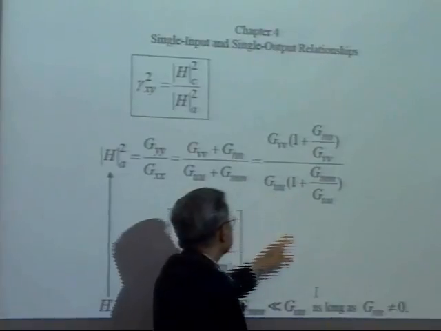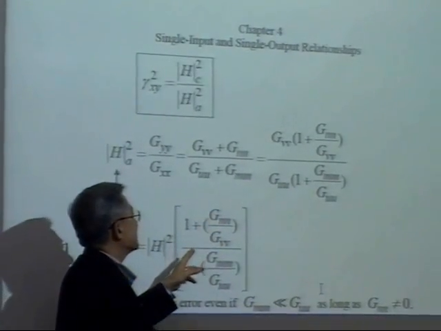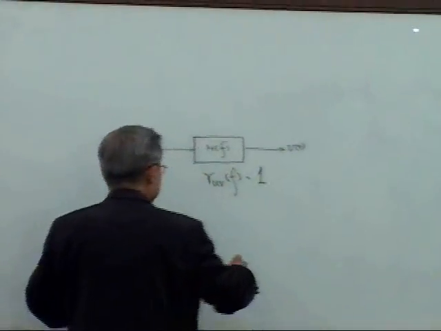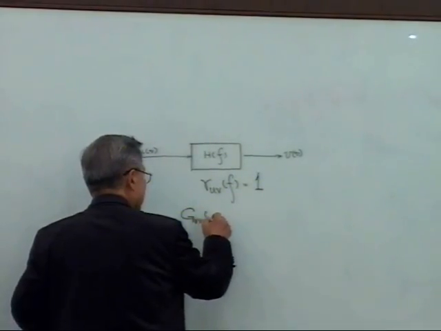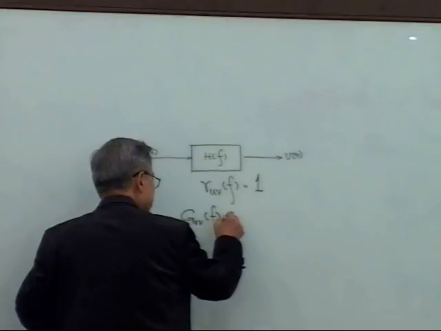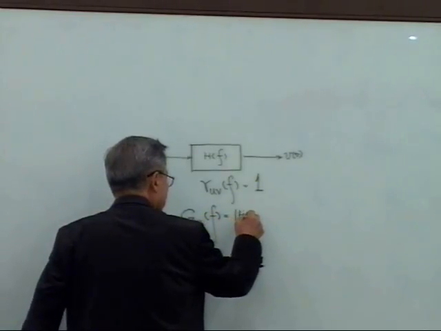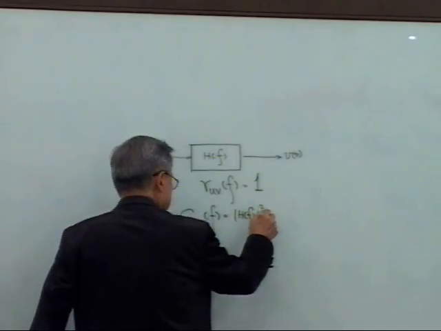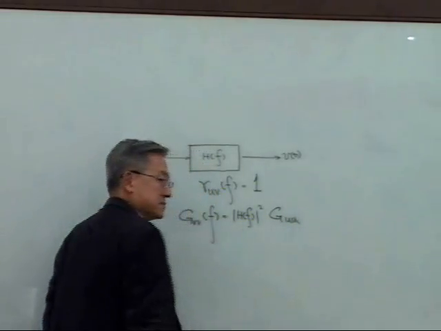GVV, of course a function of F, is HF square GUU.